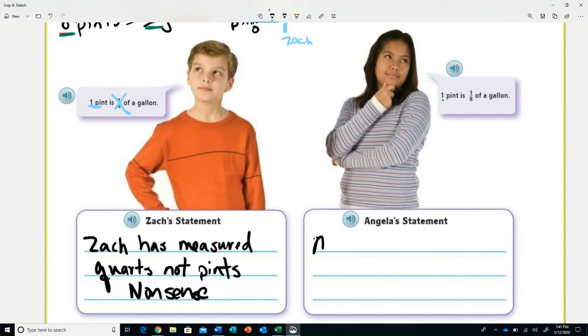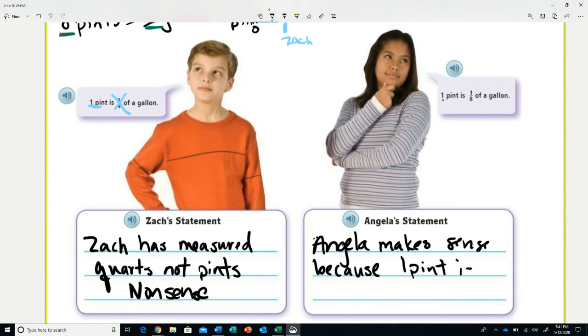And Angela makes sense because 1 pint is 1/8, because 8 pints equals 1 gallon. Actually, I'm going to reword all of this. And there you go.